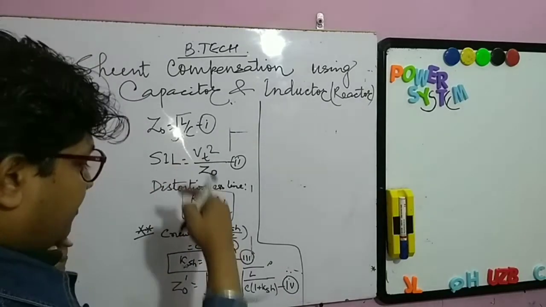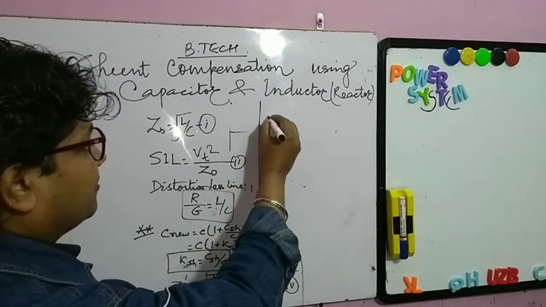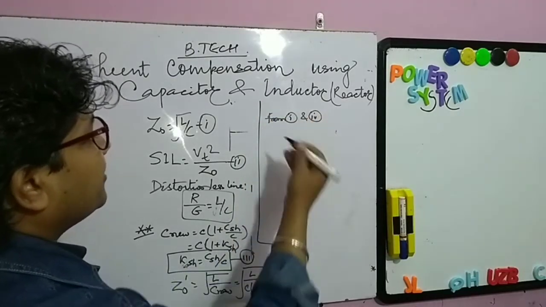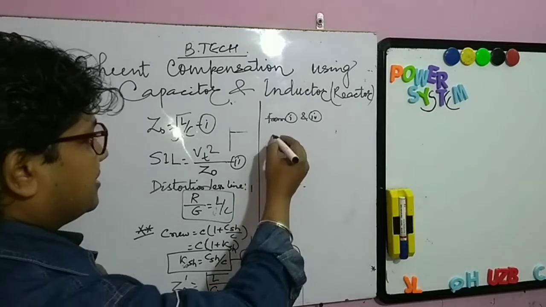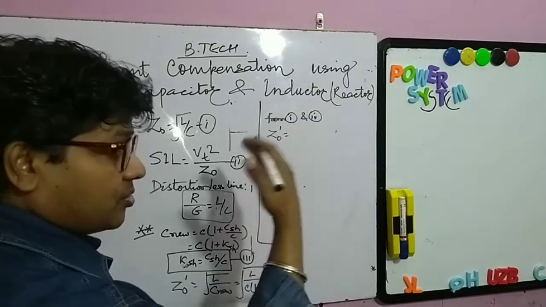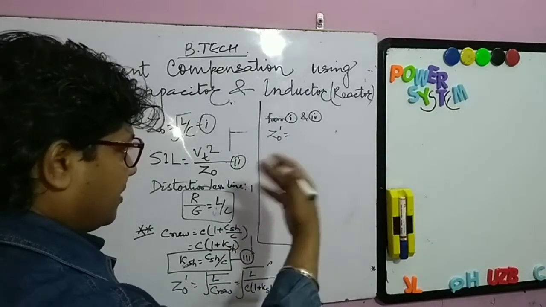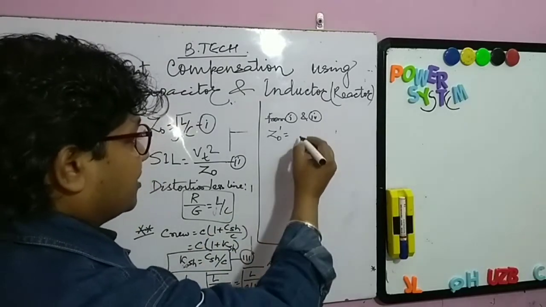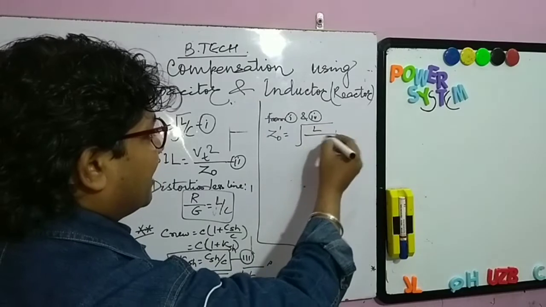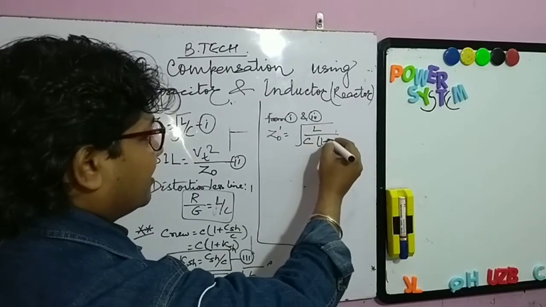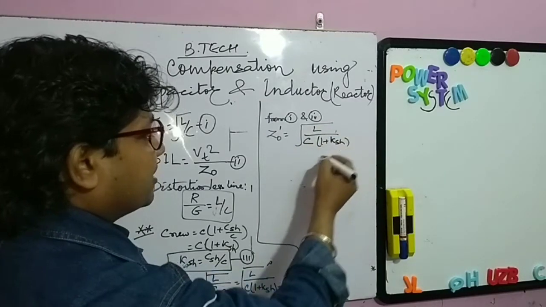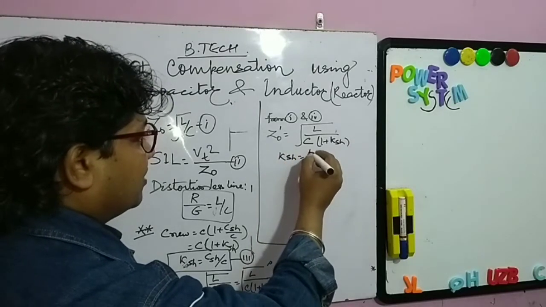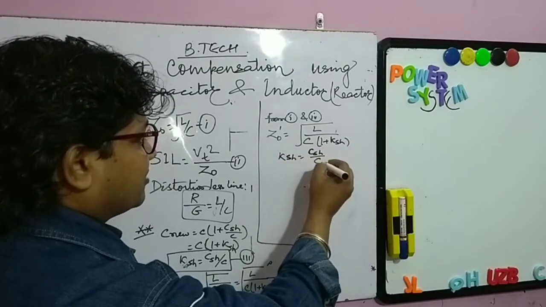From first and fourth, this is Z naught dash, the new value after connecting the shunt capacitor. So this is under root L by C into 1 plus k_sh, and as we know k_sh is equal to C_sh upon C.